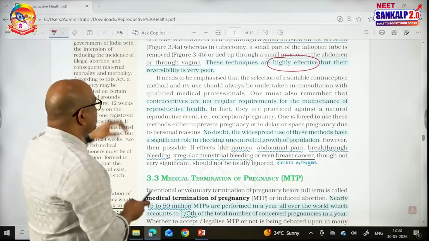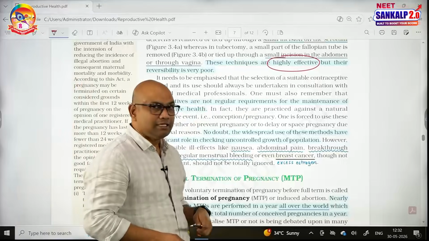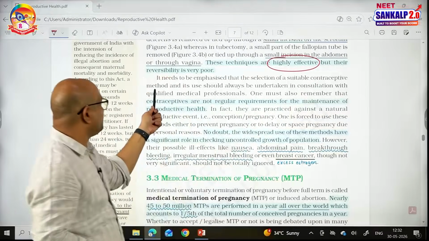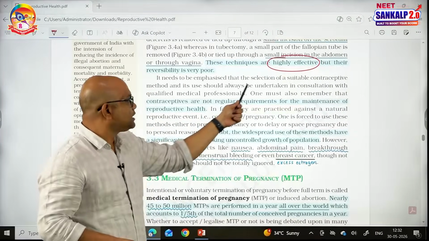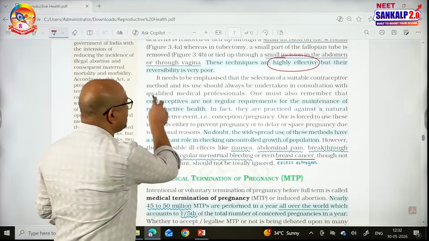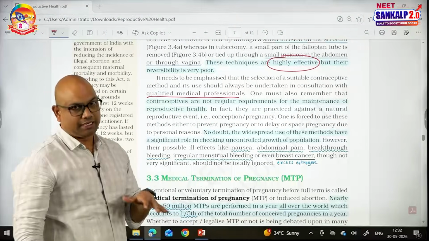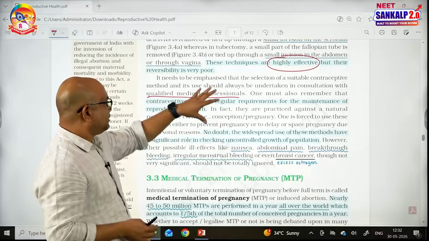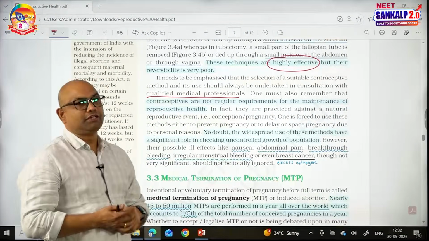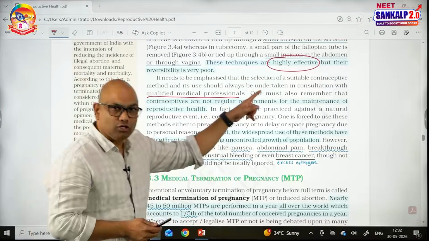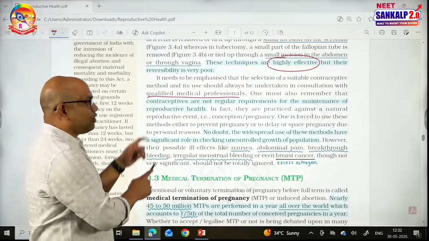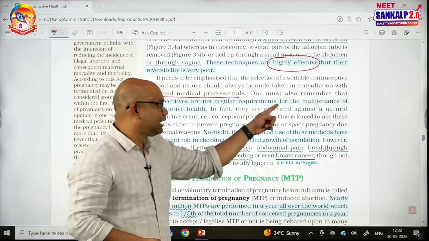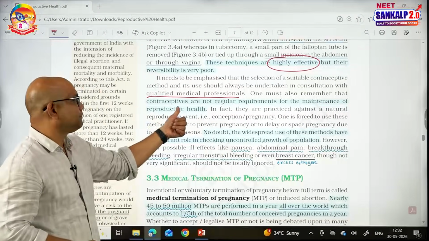See this paragraph, guys. It needs to be emphasized that selection of a suitable contraceptive method and its use should always be undertaken in consultation with qualified medical professionals. Definitely. So while using the pills or taking the injections, implants, IUDs, they need a consultation with the doctor. And one must also remember, very, very important, contraceptives are not requirements for the maintenance of reproductive health.